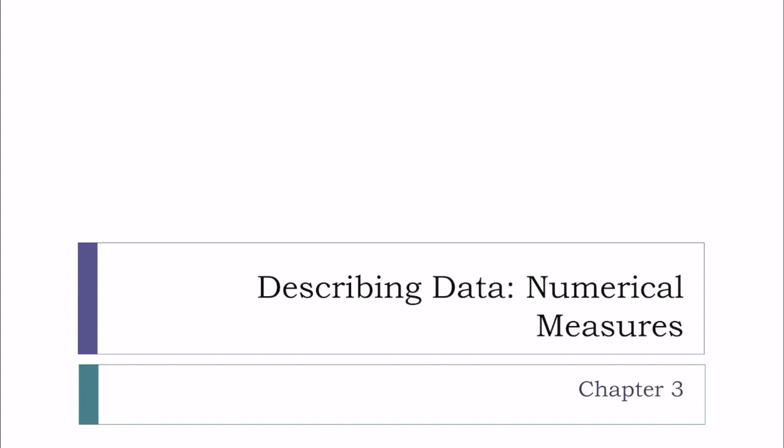So in Chapter 3, we're going to focus on how we describe data, and specifically we're going to learn how to calculate what we call measures of location and measures of dispersion. There are two divides here in the chapter. In terms of location, we're talking about finding the center of the data.